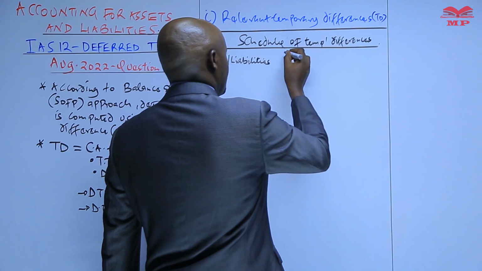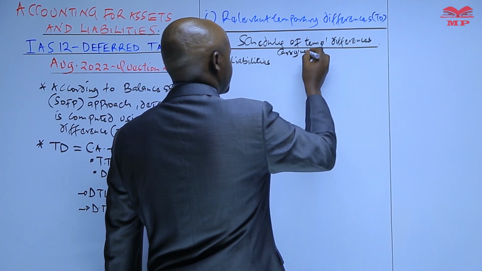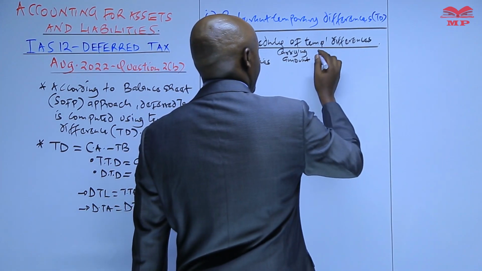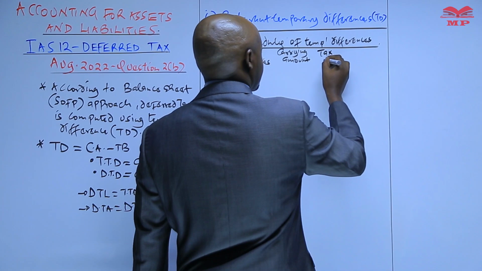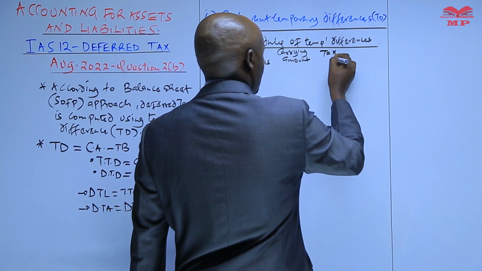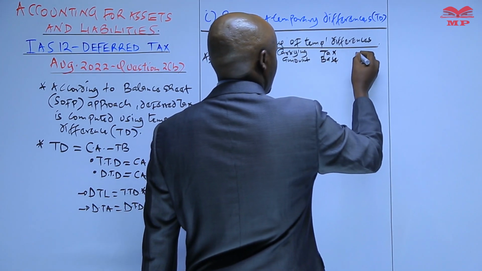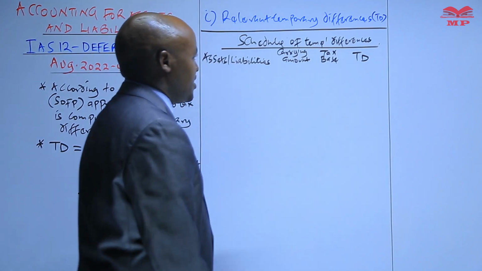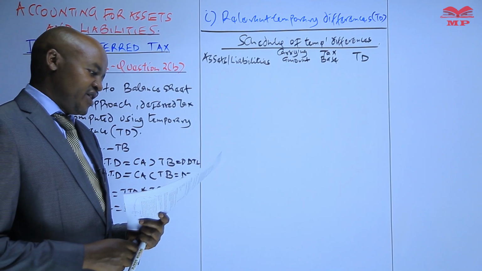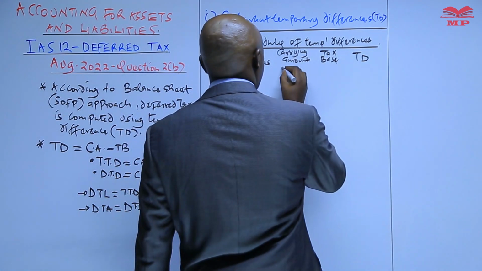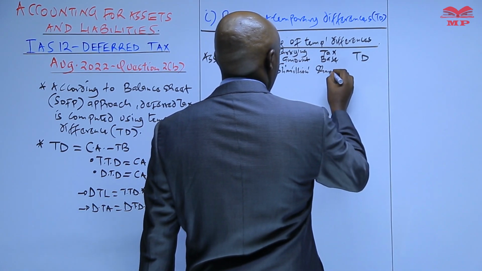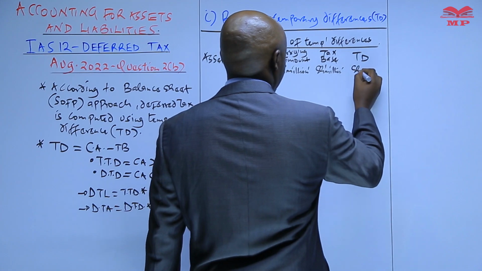The next column is for the carrying amount, abbreviated as CA. We have another column for the tax base, and the last column for the difference between the tax base and the carrying amount, which is the temporary difference. Also, the figures we are given in that question are in millions of shillings, so we need to indicate that our figures here will be in millions of shillings.